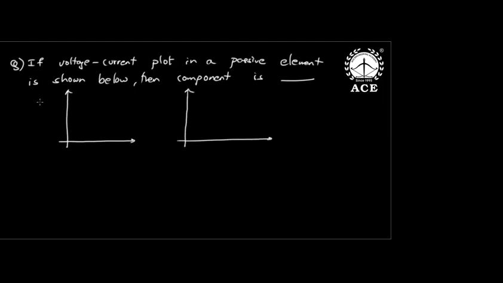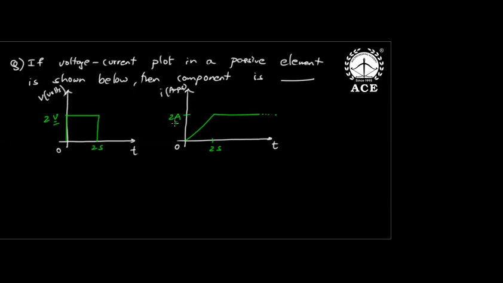This is voltage in volts and time in seconds, current in amperes and time in seconds. This is 2 volt, 2 second, and this is 2 amp.